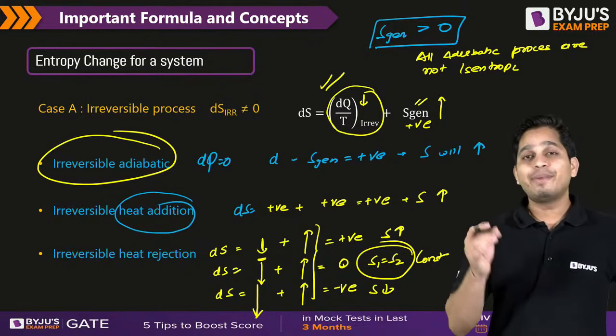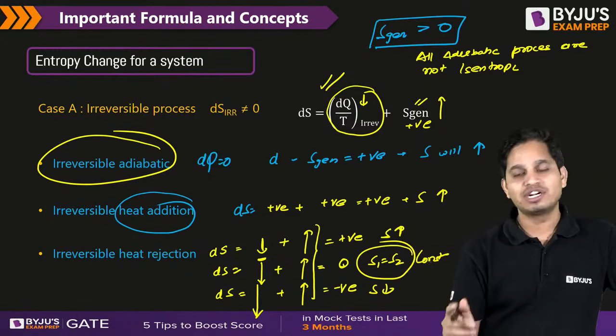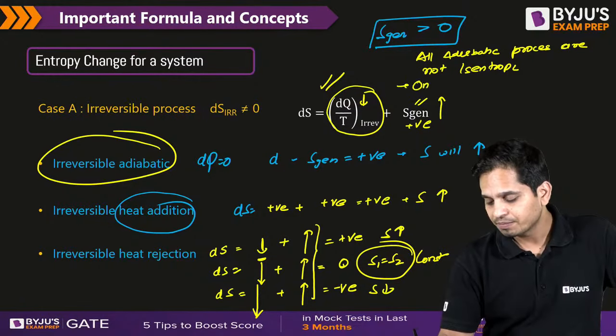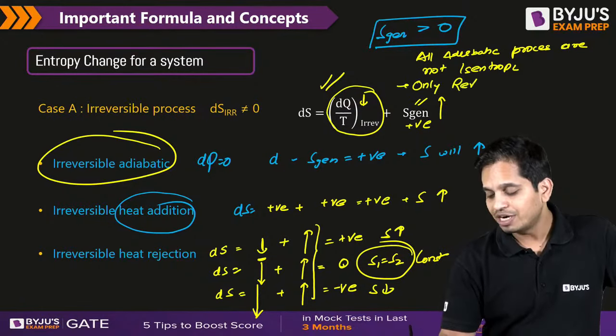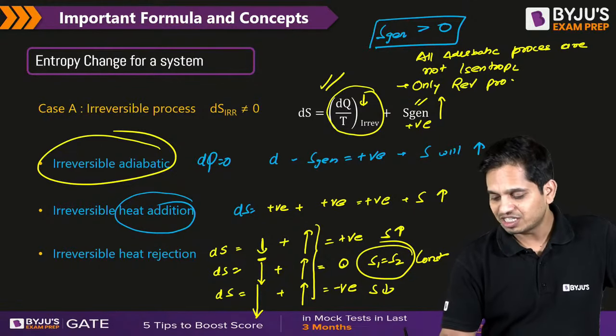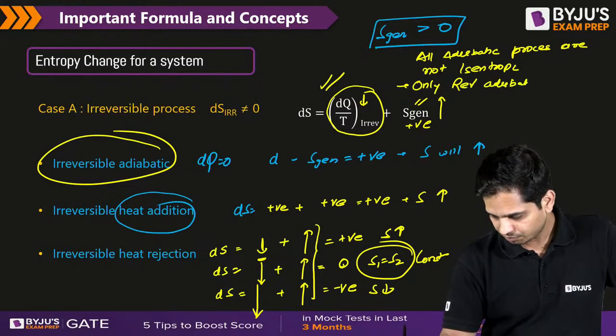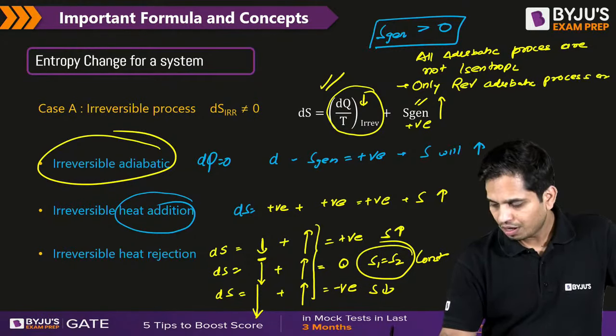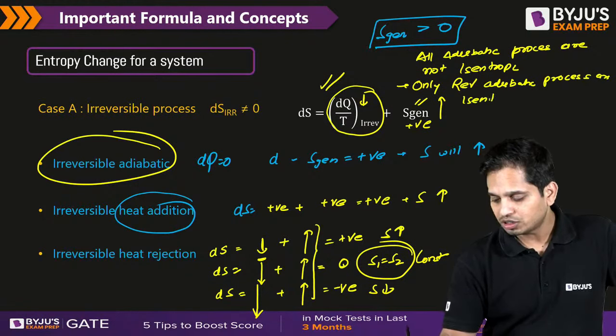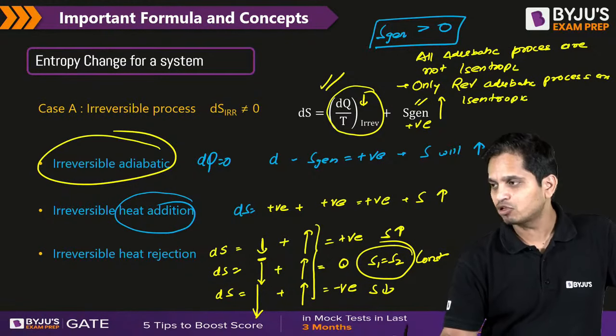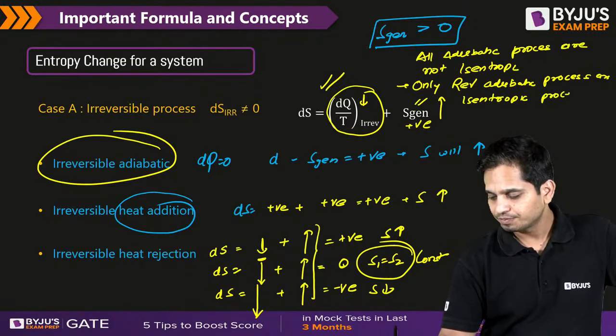So all adiabatic processes are not reversible. Only reversible adiabatic processes are isentropic processes. Only reversible adiabatic processes are isentropic processes.